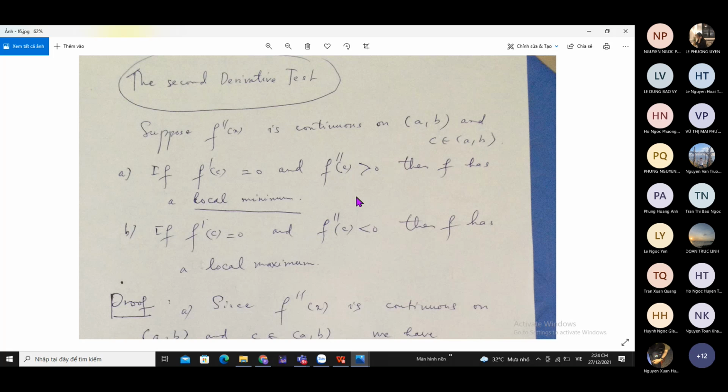Now, if f prime of C equals 0 and f double prime of C is positive, then f has a local minimum at C. Why? And how to prove it? Similarly, if f prime of C equals 0 and f double prime of C is negative, then f has a local maximum at C.